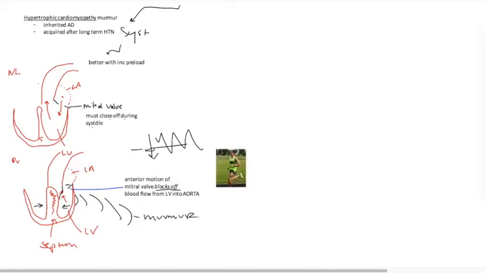So you can imagine that if you had like a young runner here who's running a lot, their heart rate goes up. When you have the heart rate go up, there's less time for the heart to fill. Okay, so there's less time for the heart to fill, so as the heart rate goes up, preload goes down.